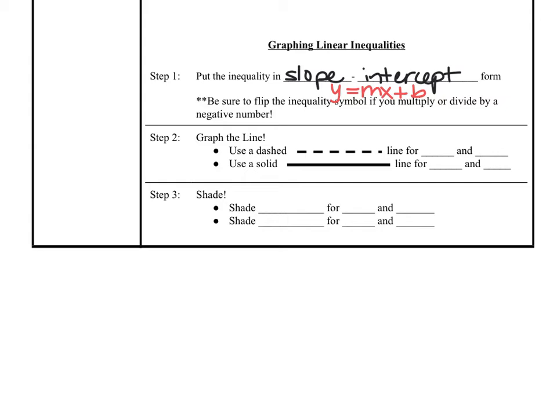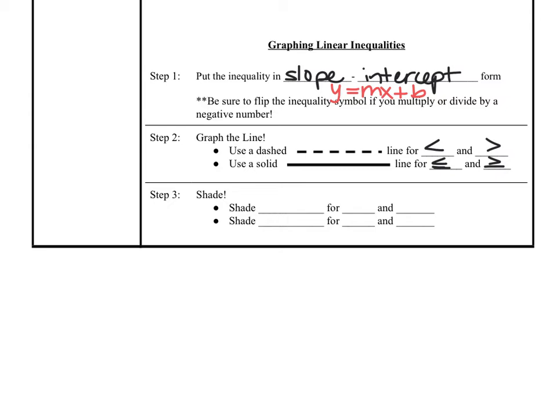You're going to use a dashed line if it's less than or greater than. So if there's no line under the inequality sign, just like we had open and closed circles during first semester. It's going to be a solid line if you see that line underneath, so less than or equal to, greater than or equal to, because it includes everything on the line.